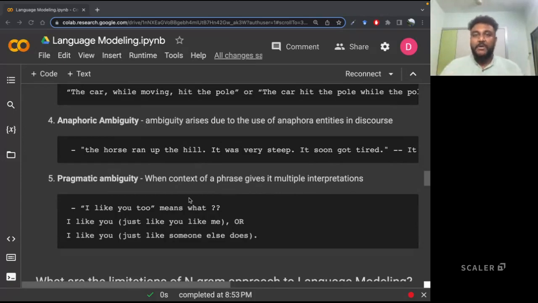We cannot construct models which are more than n equal to 4. N equal to 4 can at max capture the context with 4 words. So if you were talking about a horse like 7 words before, right? There is no way that the model will know that we should talk about the horse and not the hill over here, right? That is the problem that we're talking about here.